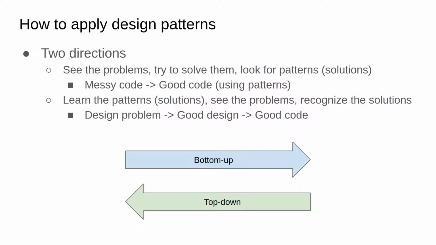Okay, after a while, when we get a sense of what's good and what's bad, before developing the software or writing code, we might start by looking for good patterns that we would like to use. So we would see the design problem beforehand, and then we use the pattern to come up with a good design and good code.